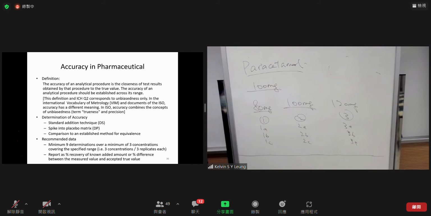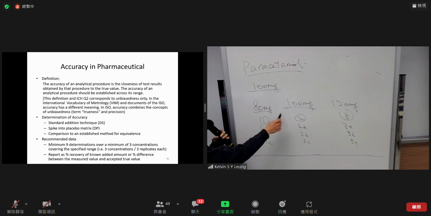So altogether, you will have 9 determinations. Okay. By using these 9 determinations, you will calculate the accuracy, the recovery. Because you spiked it, because you weigh your target, you note your target values, and then you have your experimental values.